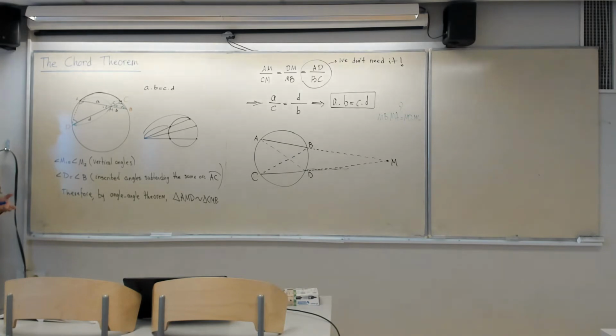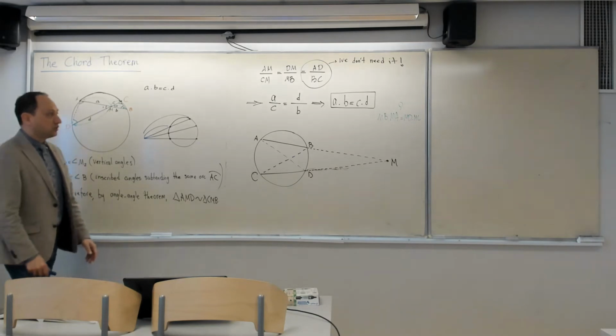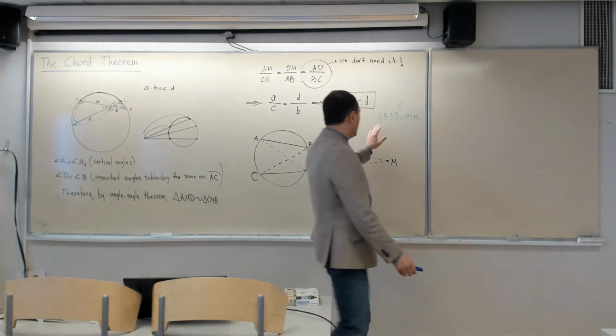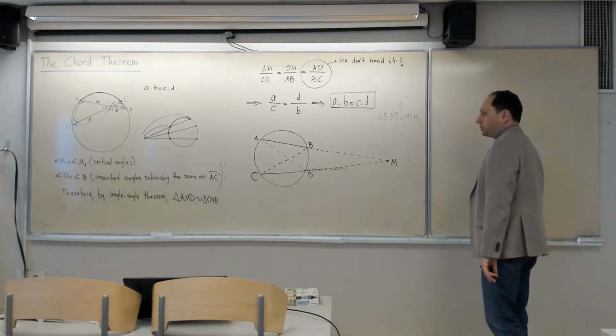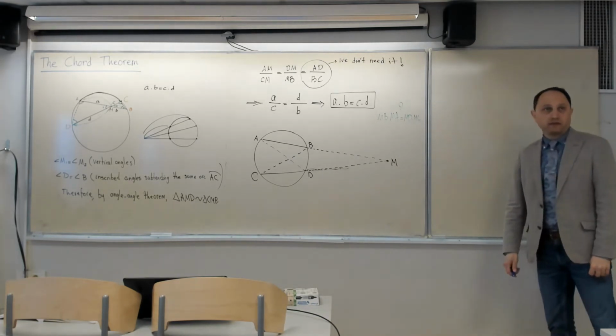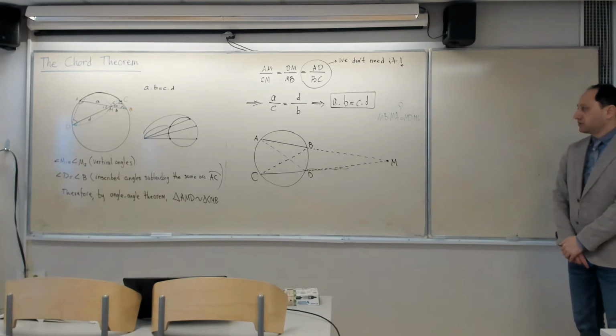But which triangles do you think? There are many triangles now involved. Which triangles are similar and useful? You need to tell me about triangles so that some of the sides are these sides, yes? MA, MB, MC, and MD should be involved somehow. Can you see which triangles are similar and why? Yes, Rasmus?